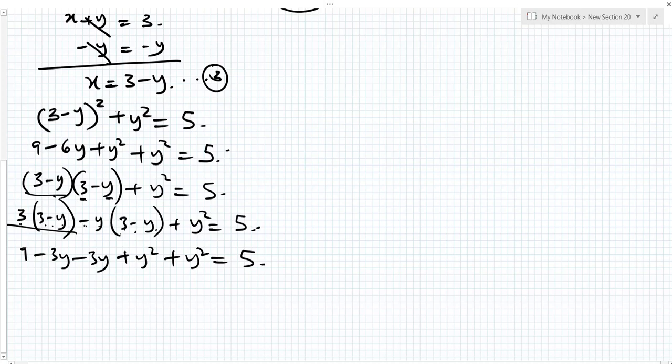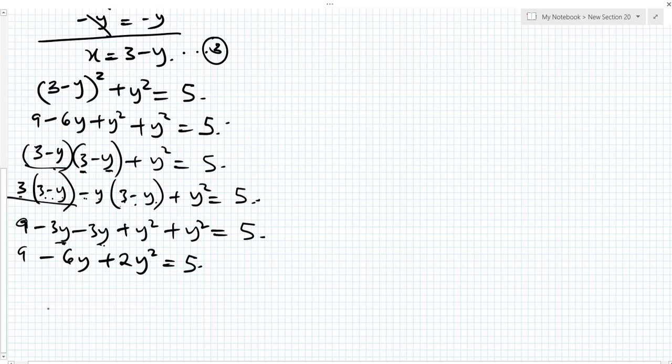Now we have this is 9. So we have 9. These two are like terms. So minus 3y minus 3y will give you minus 6y. Plus y squared plus y squared will give you plus 2y squared equal to 5.